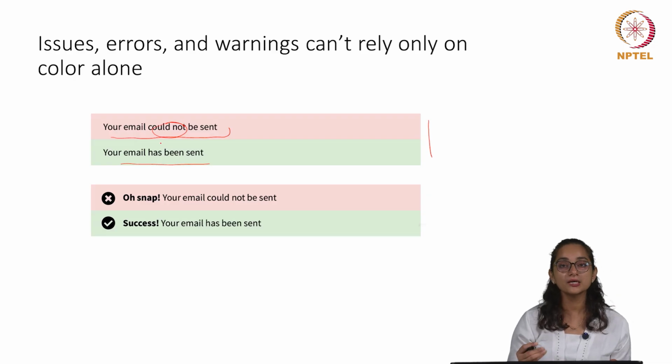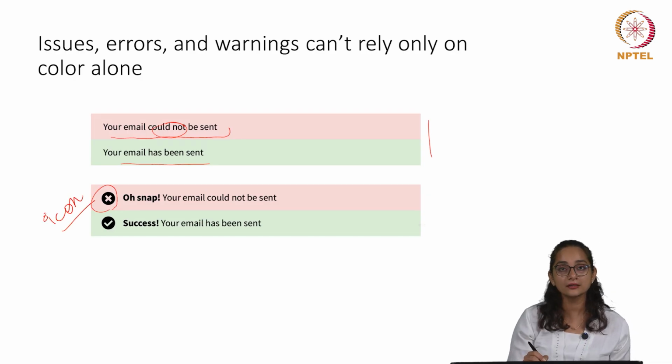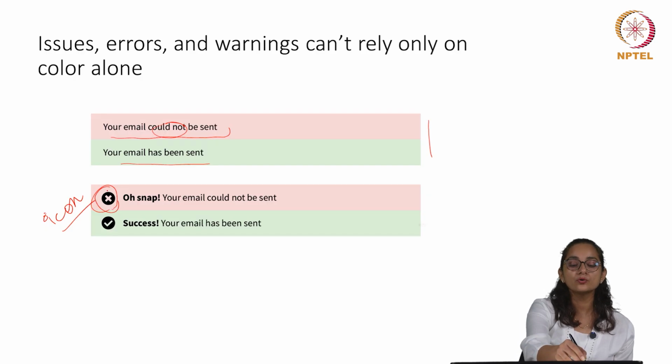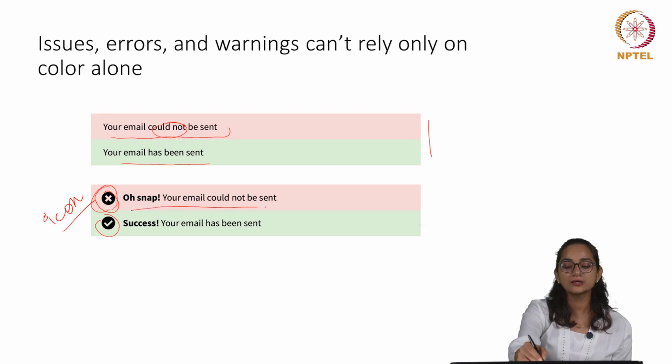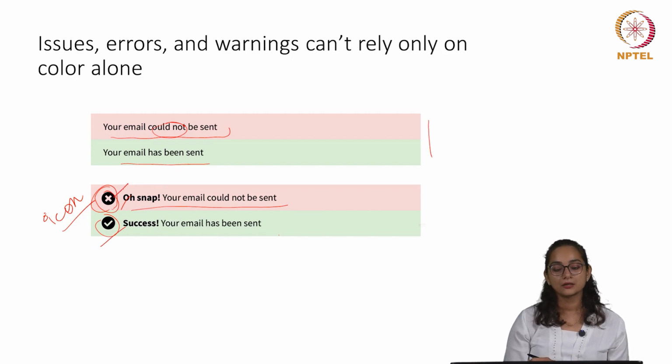It may be a case where the user misses out on actual feedback, whether the email has been sent or not. But if you include icons, which are clearer communication, they also don't cause a lot of cognitive load, because just by looking at the icons and without reading all of this long statement, you can tell that yes, the task is complete or incomplete. Right? So, it is lesser cognitive load as well.